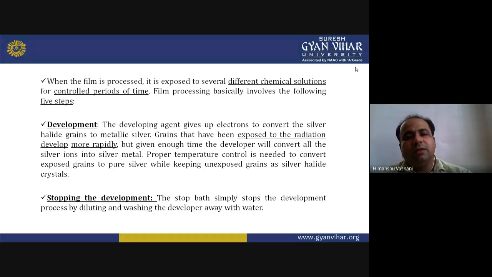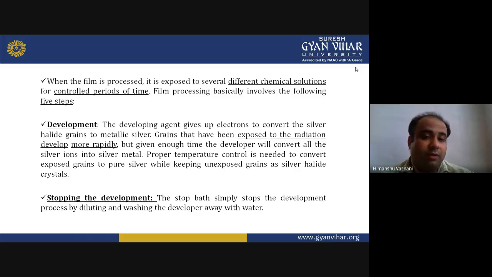The first step converts silver halide grains to metallic silver. Grains that have been exposed to the radiation develop more rapidly, but given enough time, the developer will convert all the silver ions into silver metal.